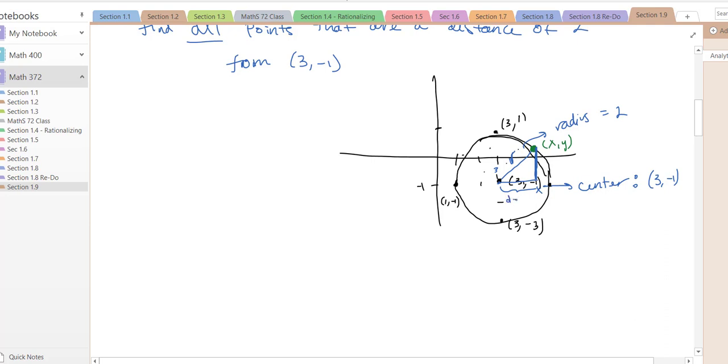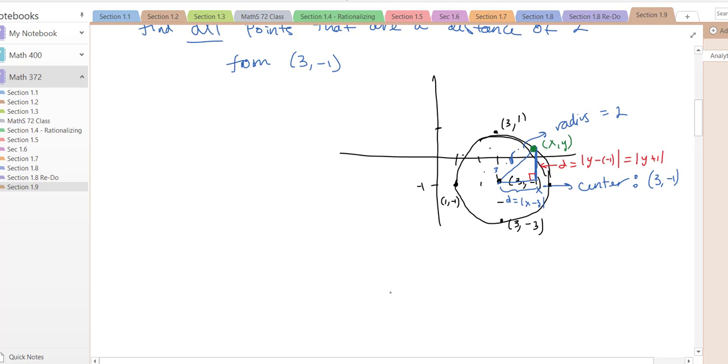So the distance is the absolute value of x minus 3. Same for y. This is the point y over here, and this is the point negative 1. The distance here is the absolute value of y minus negative 1, which is the absolute value of y plus 1. And r is the hypotenuse of this right triangle.